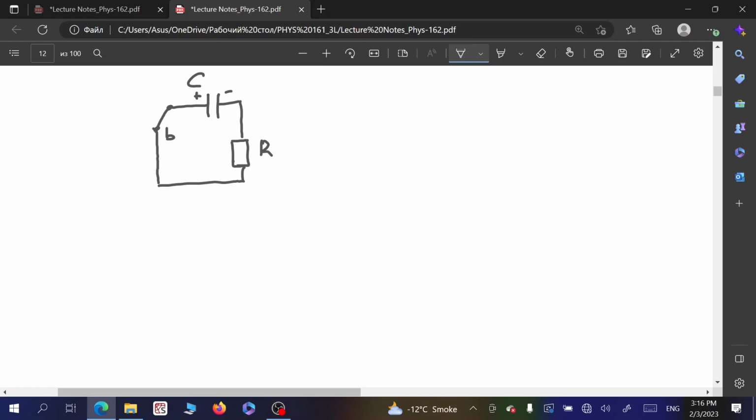We remember last time we wrote this second equation as a result of Kirchhoff's second law for the previous electric circuit. So how will it change now? We just eliminate this electromotive force because we don't consider it anymore. So in this case, we will have minus Q over C minus I times R, and that is equal to 0.